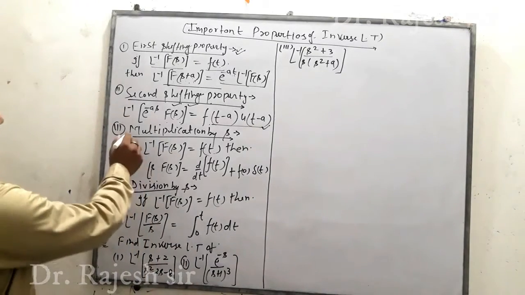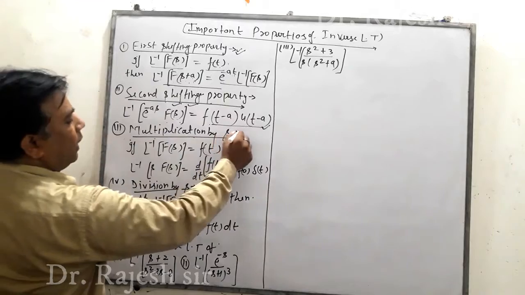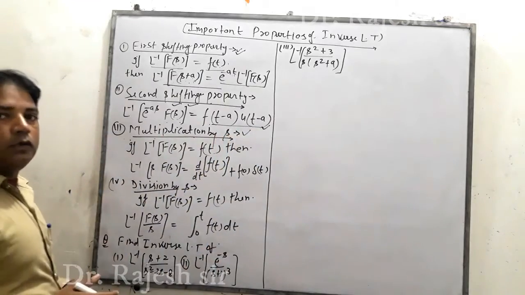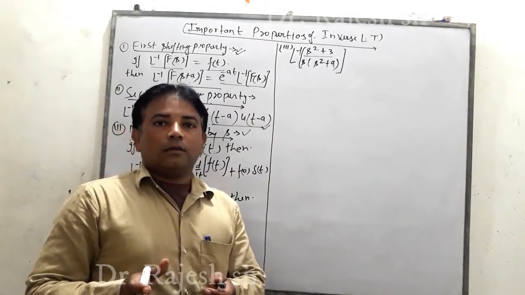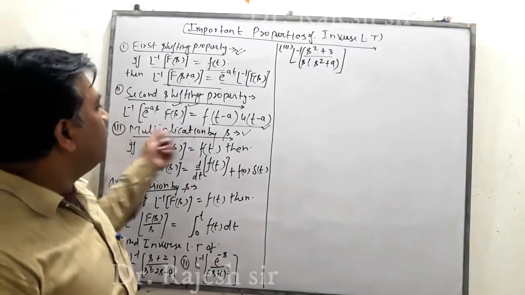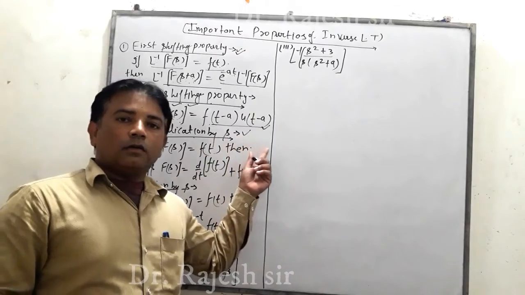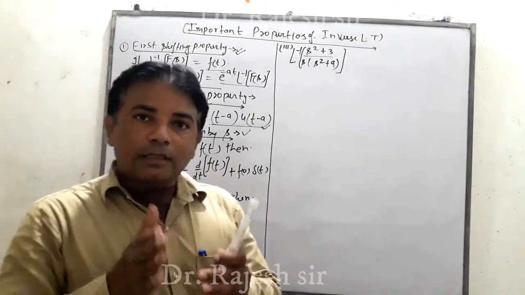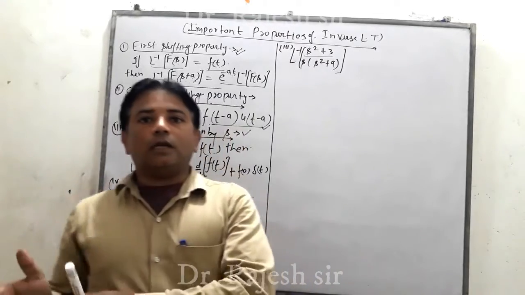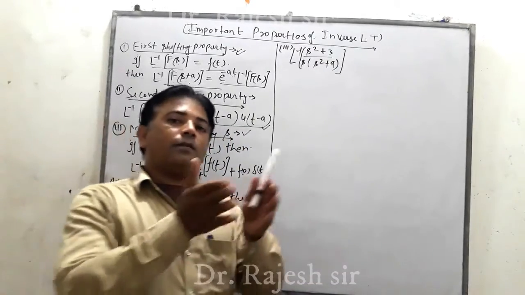And third, multiplication by s. We saw in the previous video the Laplace transform multiplied by t; here it is multiplied by s. In that video we found the Laplace transform of t in terms of s, then multiplied by t.